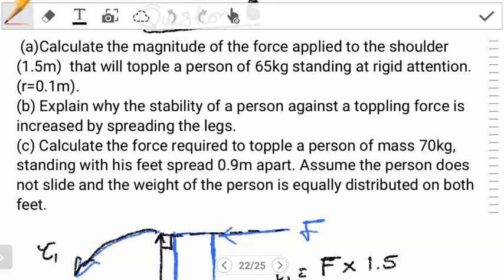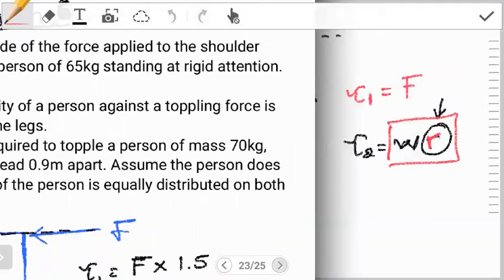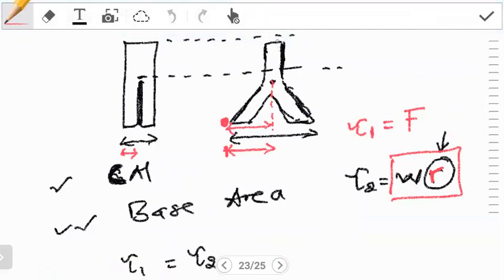Now, to work this out, apart from the conditions stated here, we're going to assume also that the change in height when the person spreads their legs is minimal. So we're going to assume that the height here and in this case is the same.